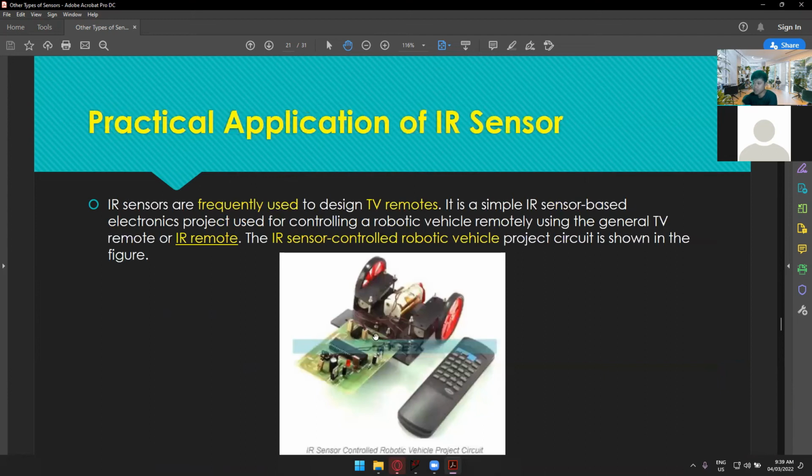It can also be used as a remote for an RC car, a remote controlled car. It can emit, and it can also receive the infrared. So this is an IR sensor controlled robotic vehicle.